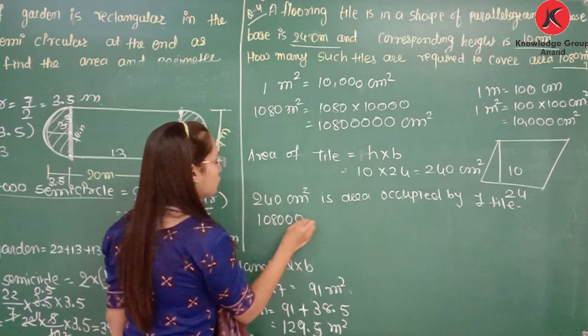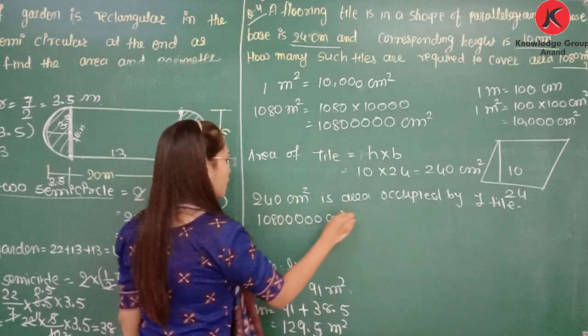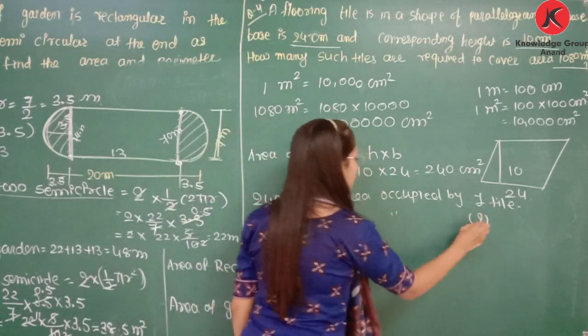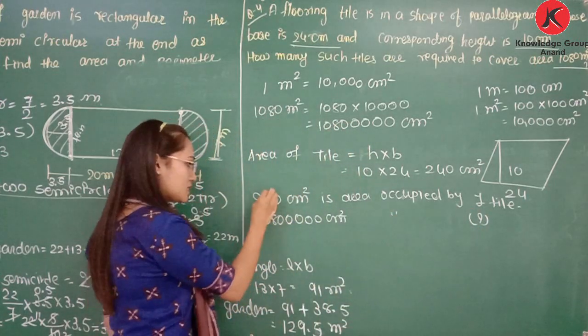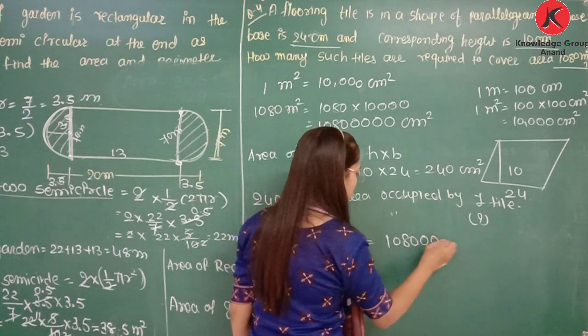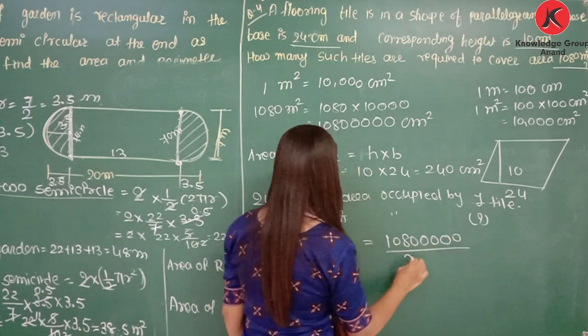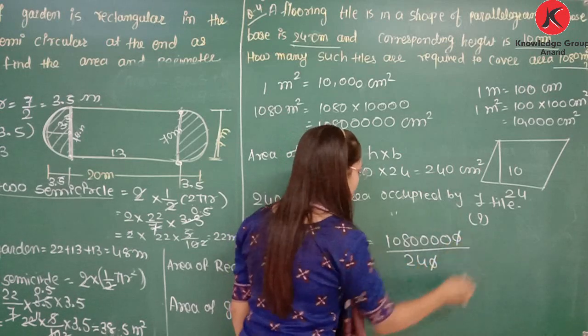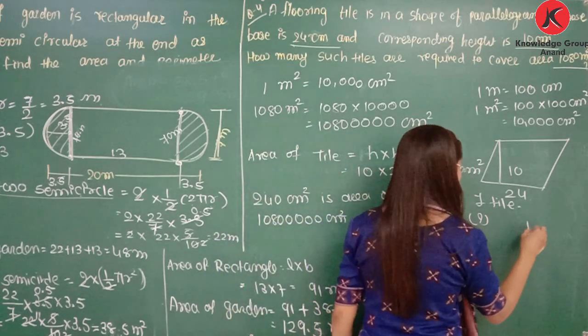So 1080 area is occupied by how many tiles? Now cross multiply means divide this. Divide by 240. So 10 will be cancelled. Find out the factors for this.